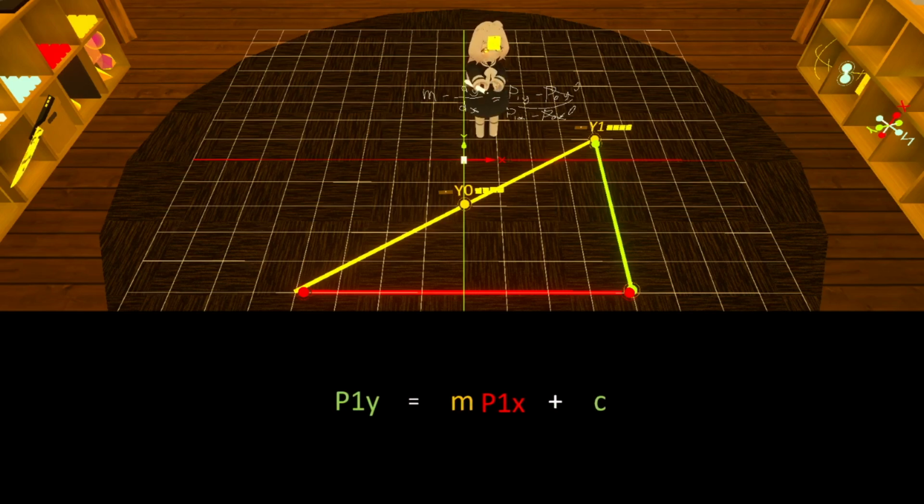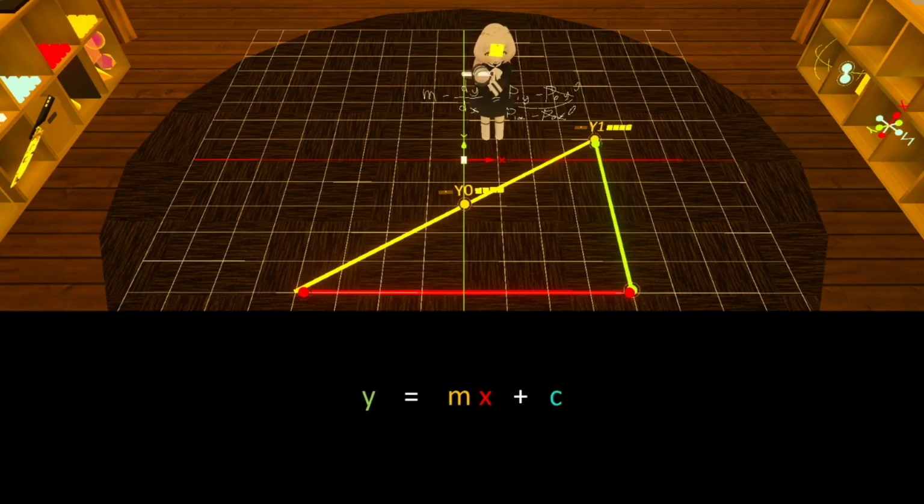And then what is p1y? What is p1x? I don't know. It literally can mean any point on the line. So you can actually simplify it as x and y. And we have our formula for the line. So a straight line can be described as y equals mx plus c. There we go. So that's one of the ways we can describe a straight line.